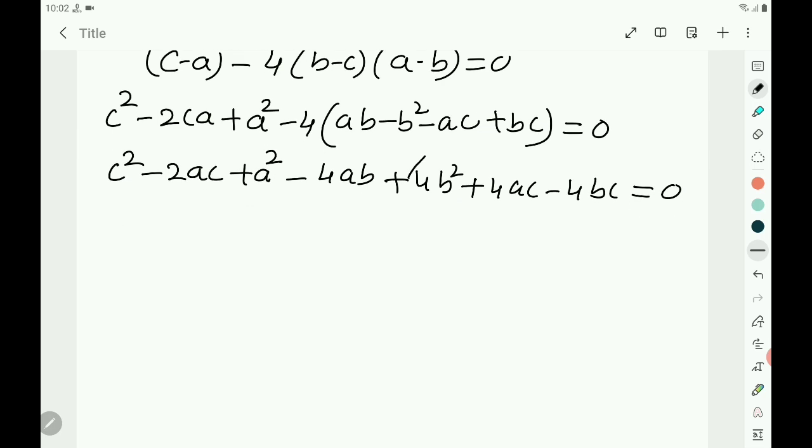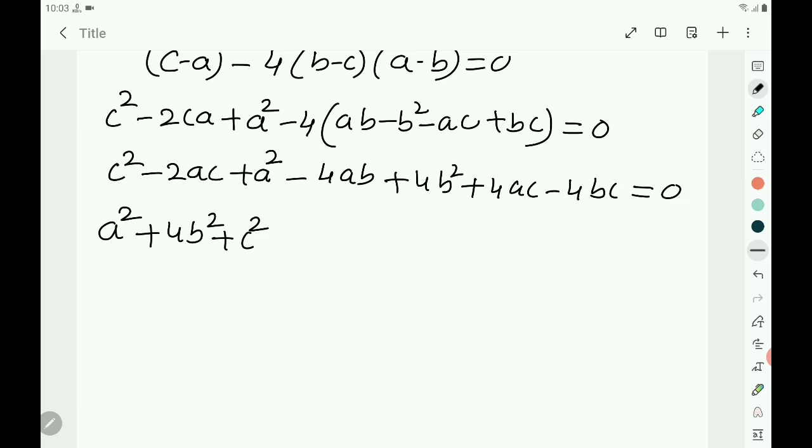Then here 4b square is there, c square is there, a square is there. You can write a square first, then plus 4b square second, and this c square third.